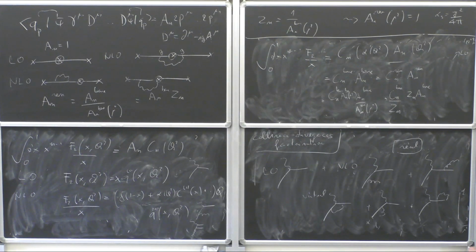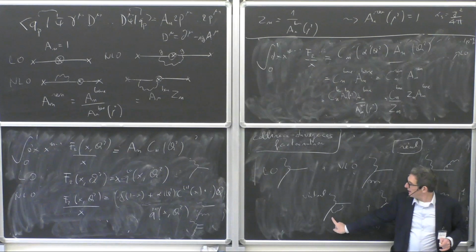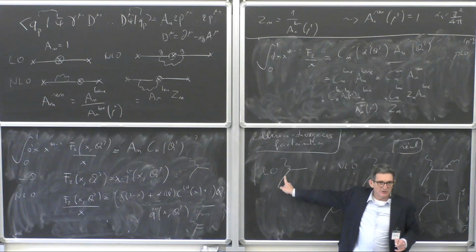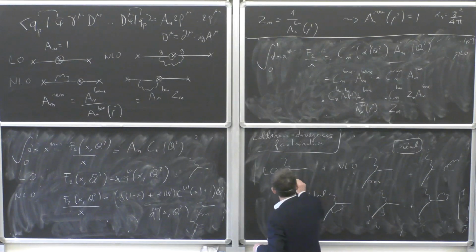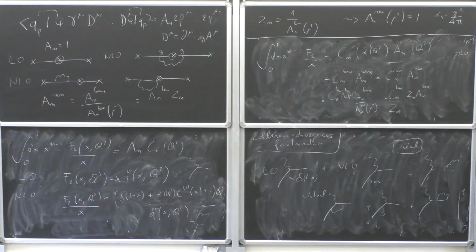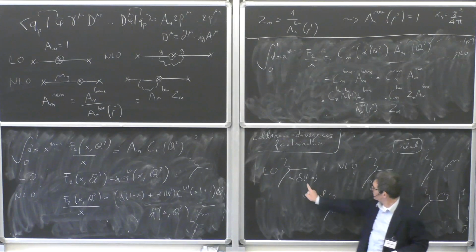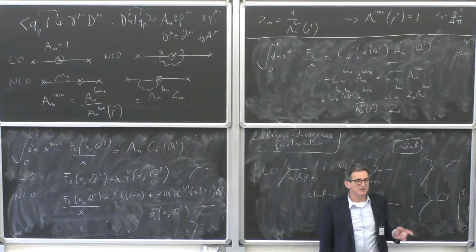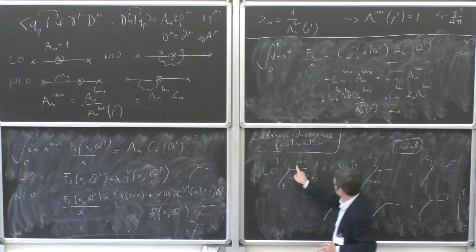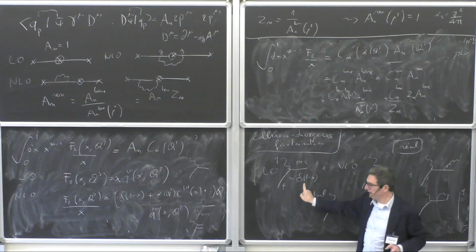But now you look at all the virtual corrections, and you see that the virtual corrections have the same kinematics as the leading order. So remember, the leading order was proportional to delta of 1 minus x. You remember, it was just p, q, p plus q. The fact that p plus q squared is equal to 0 gives you delta.